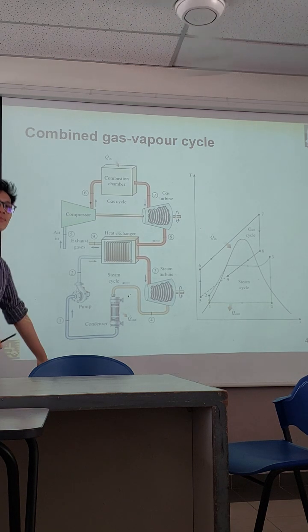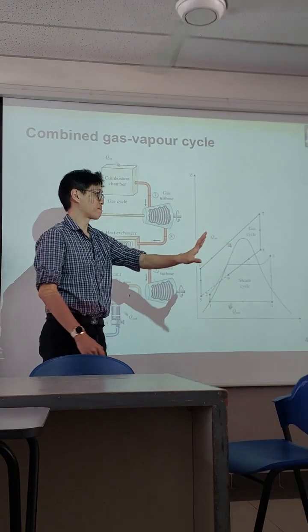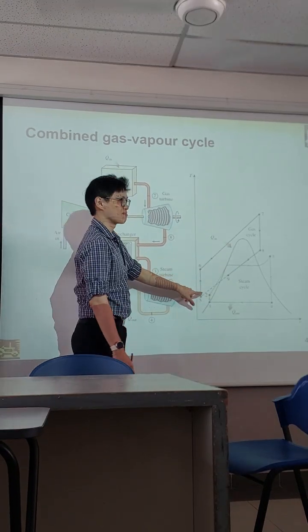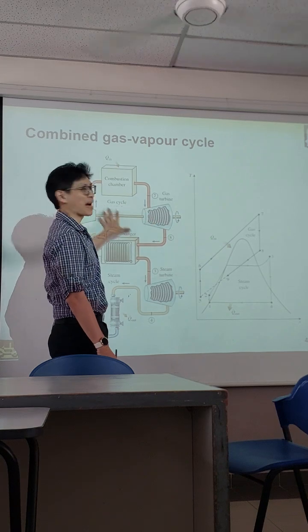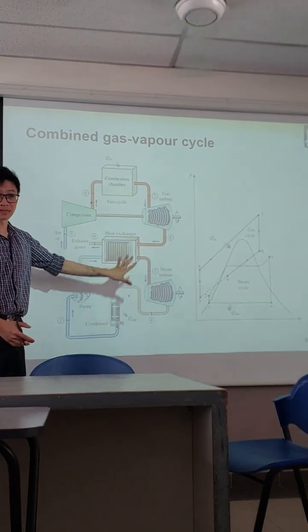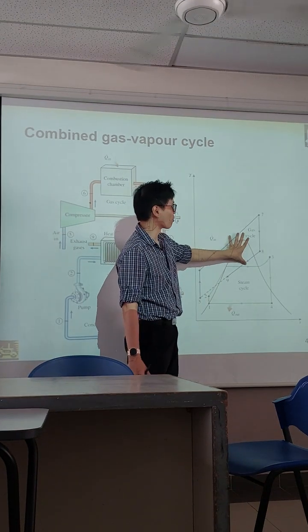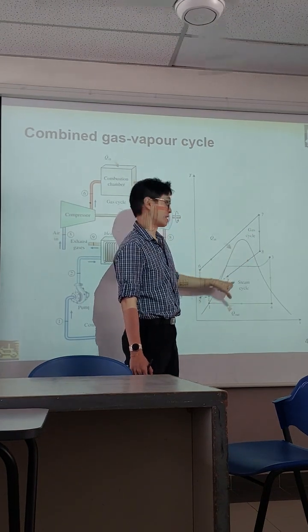Obviously, the graph here is not 100% correct. This part here is gas, right? And the bottom one is water vapor. So obviously, this gas is not supposed to be under the saturation line.